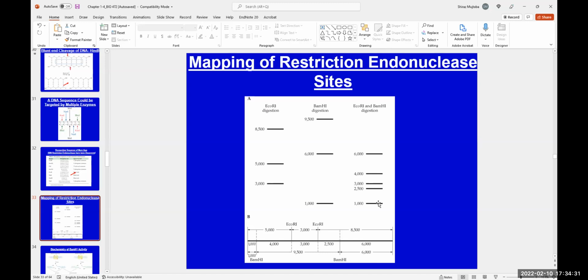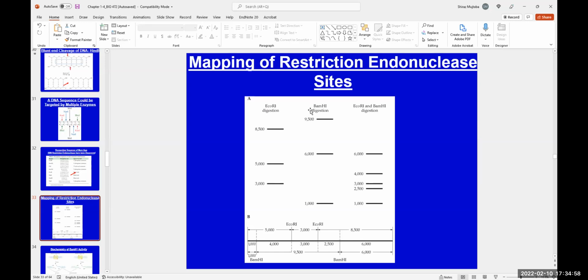Now this has been utilized. This is called restriction fragment length polymorphism. This technique was one of the starting techniques used for genetic characterization of bacteria or viruses or even forensics, like a paternity suit.